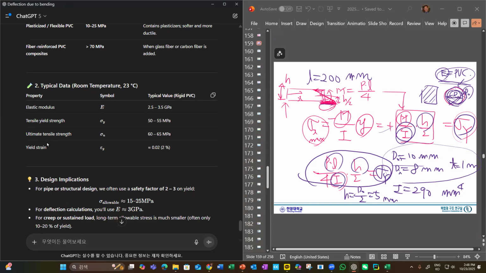There are several terms, tensile yield and ultimate, we'll get back to that, but for the design the yield strength will be 50, I will take this one, 50 megapascal. So this guy will be 50 megapascal.